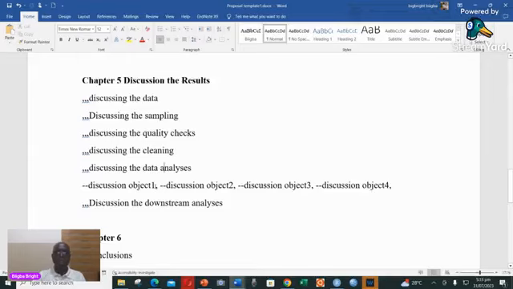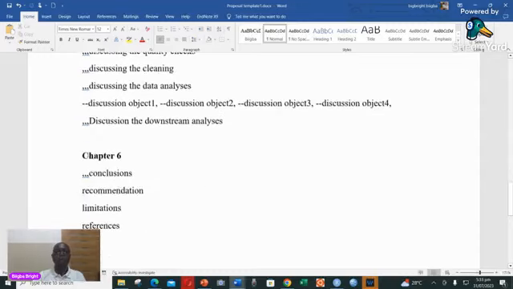You realize that, okay, you were thinking that people don't consume Ghanaian food, but from the analysis, you've noticed that at least 65% of Ghanaians actually patronize goods made in Ghana. And this particular study was also done somewhere, and you realize that your results are consistent with theirs, or yours is different. And that is how you go to the next one. You also discuss like that in that systematic order. Then you also discuss your downstream analysis and what you got over there.